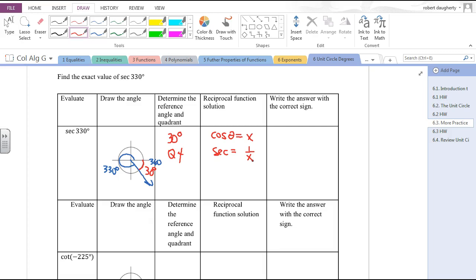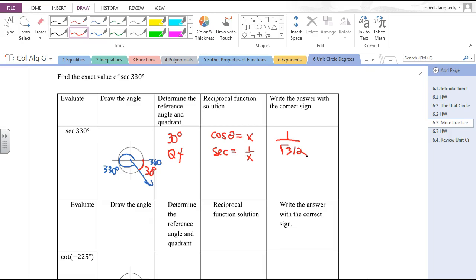Square root of 3 over 2. So what I'm looking for is 1 over square root of 3 over 2. And if I'm in the fourth quadrant, cosine and secant, what will those values be? They will be positive.